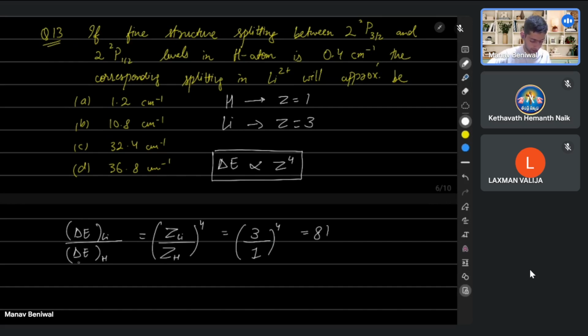Now we are given delta E_H as 0.4 per centimeter. So our delta E of lithium will be 0.4 into 81 per centimeter. Now if you multiply, you will get 32.4 per centimeter. So the correct answer is option C.